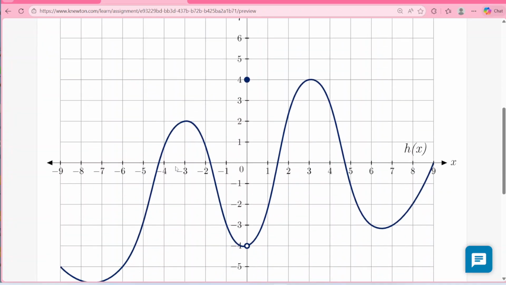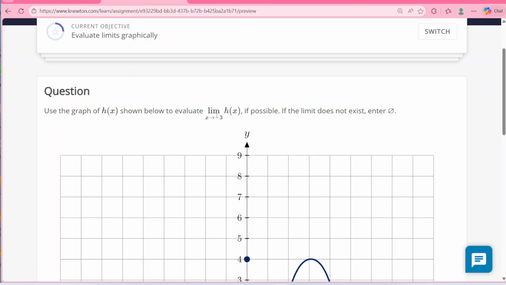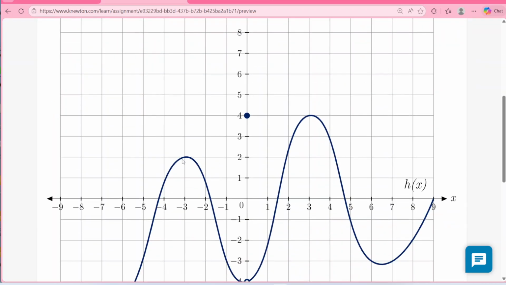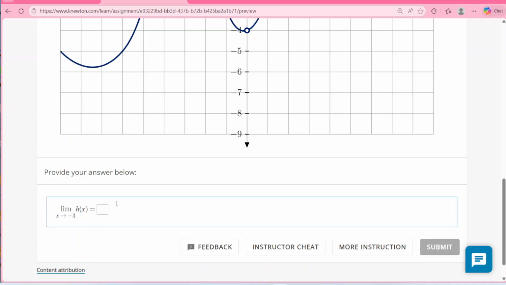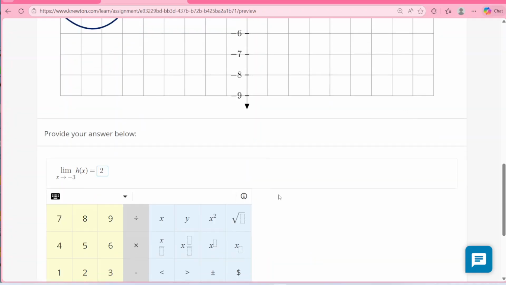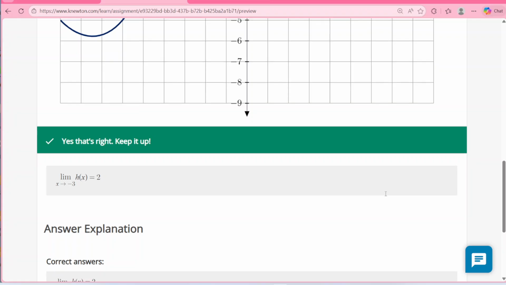So here's x equals -3. Hopefully my cursor is showing up there. It looks like the graph is approaching the same point on both sides of -3, and that's the point -3, 2, right? The y value of 2 is being approached on both sides. So this limit they're asking me for, I would say, is 2. And just enter that in the box here. Wonderful.